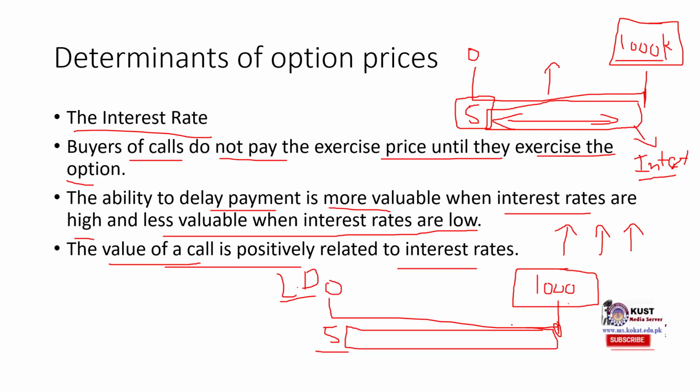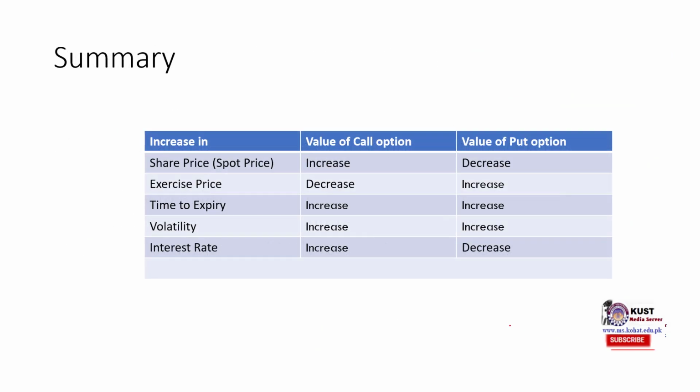So when the interest rate increases, the value of call option increases, the premium of call option increases, but the value of put option decreases and the premium of put option decreases. And let me summarize this whole. We first discussed the exercise price. There was a negative relationship between exercise price and the value of call option, and a positive relationship between exercise price and the value of put option.